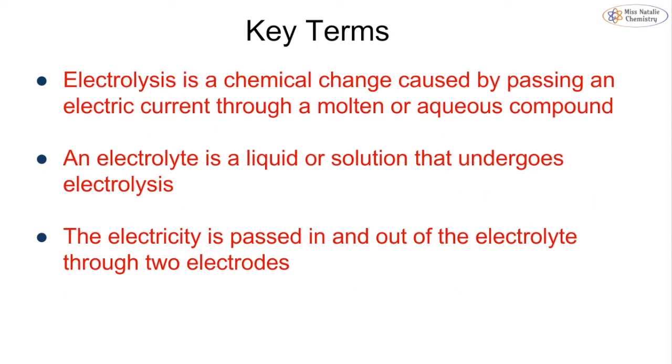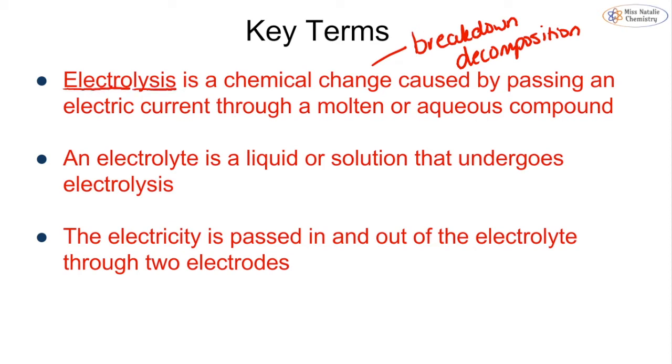So some key terms that we have to know. Electrolysis is a chemical change that is caused by passing an electric current through a molten or aqueous compound. Now, what is that chemical change? Well, it is the breakdown or the decomposition of the compound using electricity. That's how the word itself breaks down.